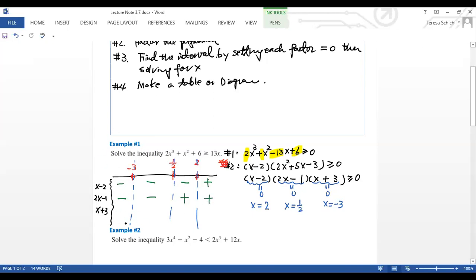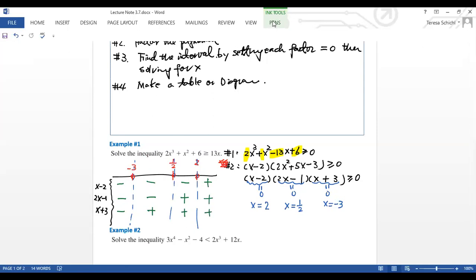Then continue with x plus 3. If you have -4, it's negative. If you have 0, you have positive. Between 1/2 and 2, choose 1, so it's positive. Greater than 2 is positive.